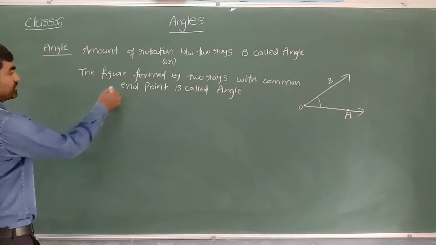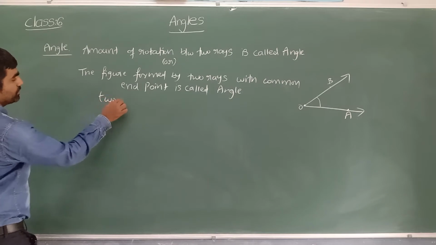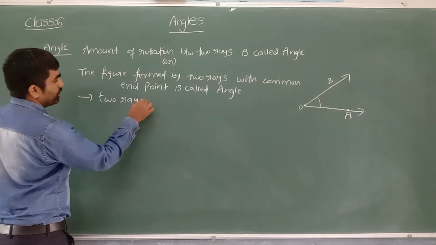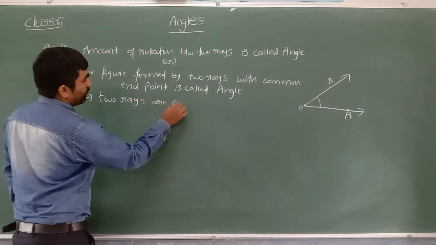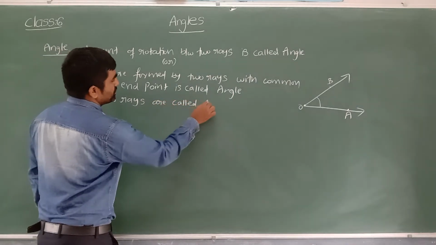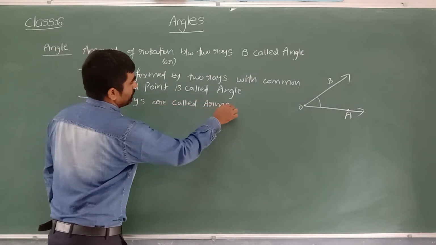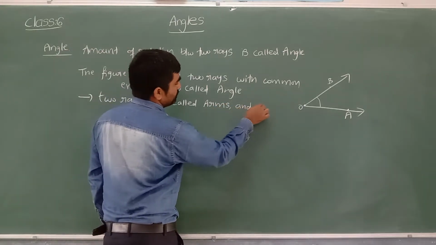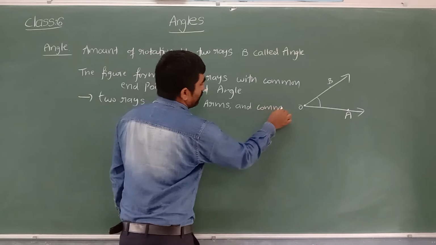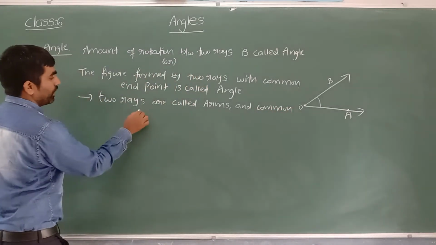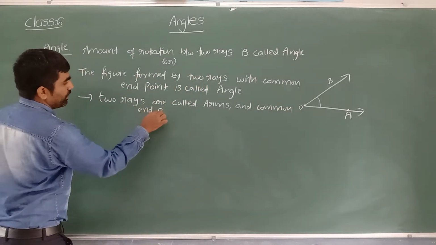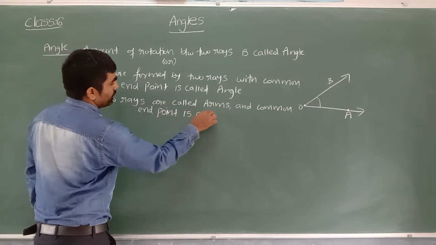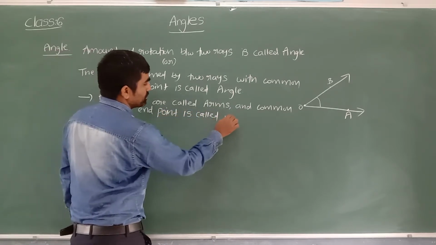Let me repeat once. Here these two rays are called arms, and the common end point is called the vertex.